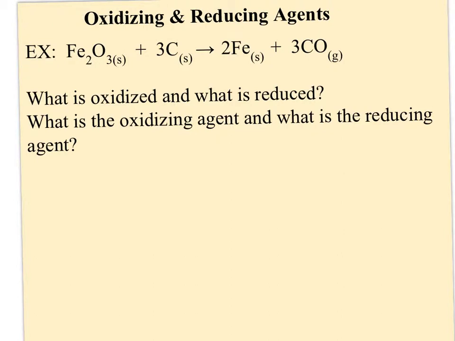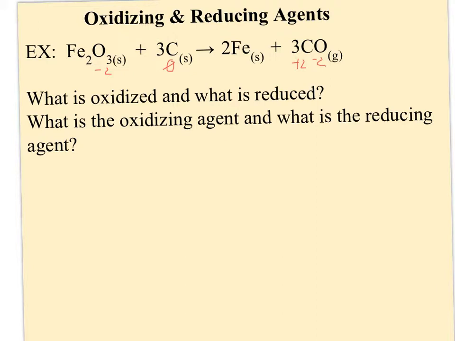So if we look at this example, we're being asked what is oxidized and what is reduced. So what we first need to know is the oxidation states for each element here. Carbon is easy, it's going to be 0, but on this side it's going to become a +2. Oxygen, since it has top priority among these three elements, is going to be -2 on both sides.